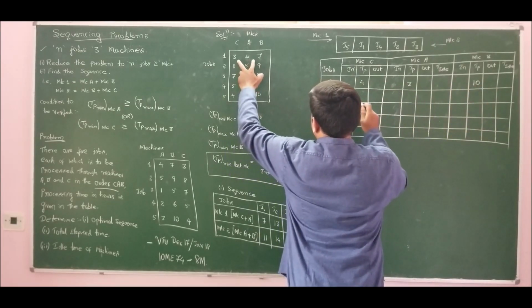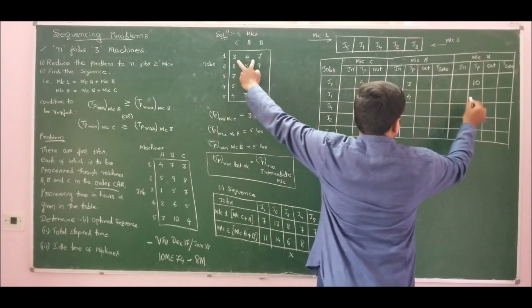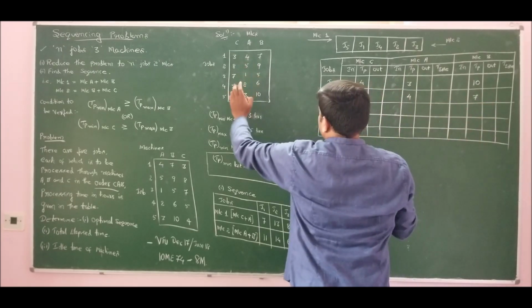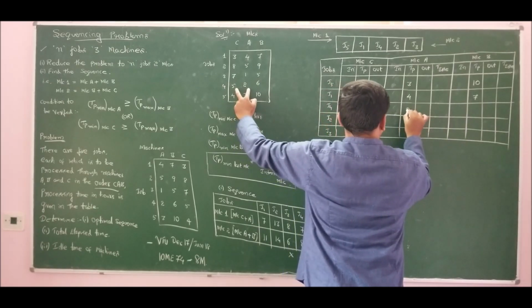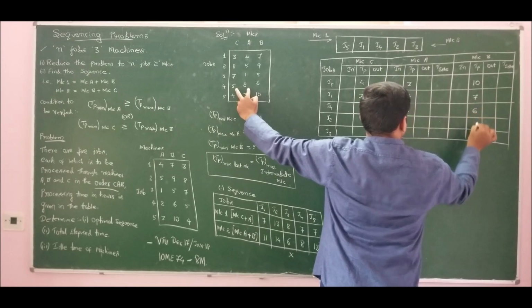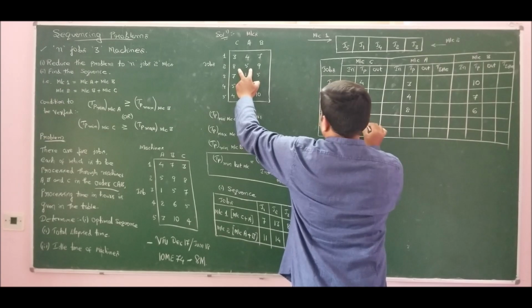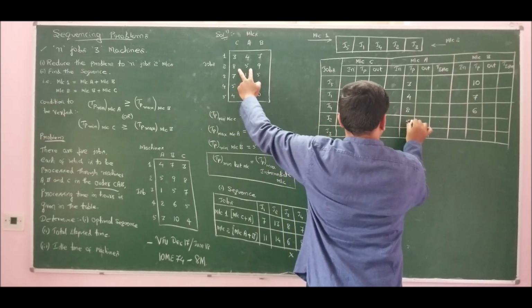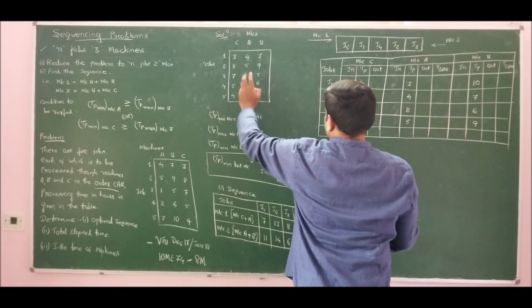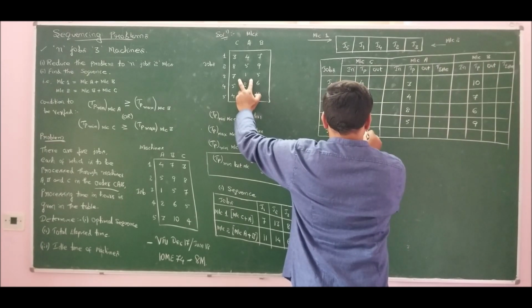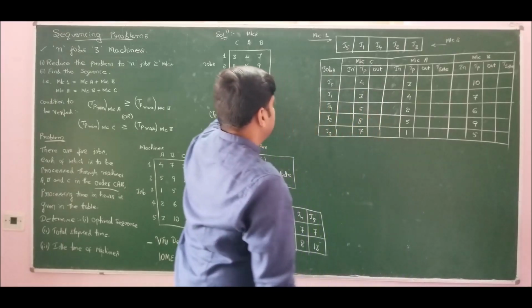Next, for job 1, it is 3 hours on machine C, 4 hours on machine A and 7 hours on machine B. For job 4, it is 5 hours on machine C, 2 hours on machine A and 6 hours on machine B. For job 2, we have 8 hours on machine C, 5 hours on machine A and 9 hours on machine B. For job 3, we have 7 hours, 1 hour and 5 hours respectively.